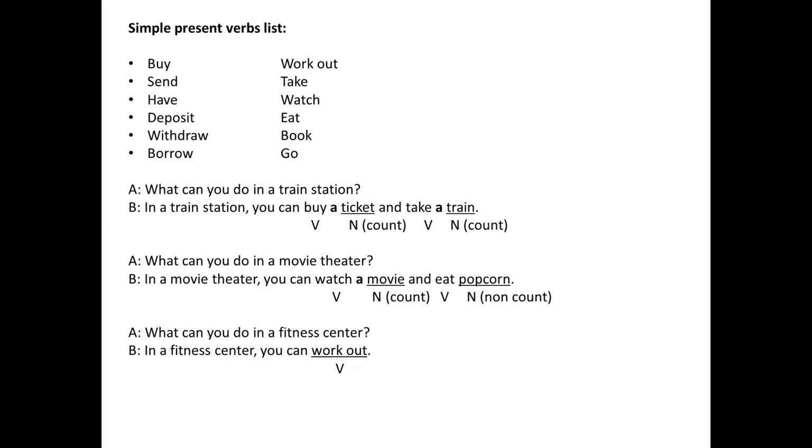With count nouns, we need to use a. So don't forget, it's very important when you're speaking to use a and your count noun. So here it's a ticket and take a train. So this is the same. We've got train, which is count. We can count 1 train, 2 trains, 3 trains, and so we need to use a.